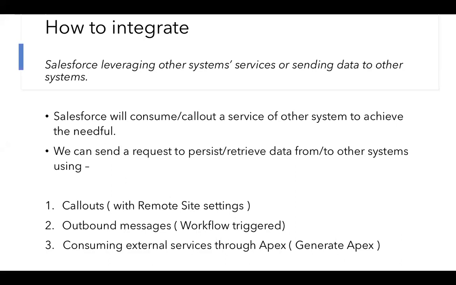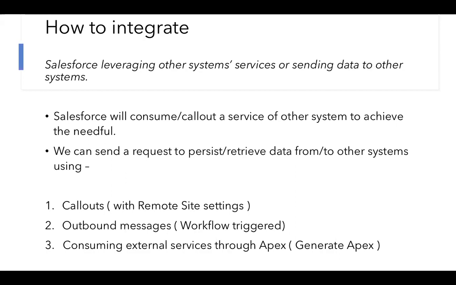That's why I said it's a gray area, because normally we say the other system has to give us some data or some functionality. But the common part of outbound messaging with callouts and the other options I'm going to talk about is that we're going out of our system with some data to a given place. That's the common point, and that's why I had to include it in this list, as in Salesforce leveraging other system services, because through outbound messaging also you are defining a system or a service where this data will go to.